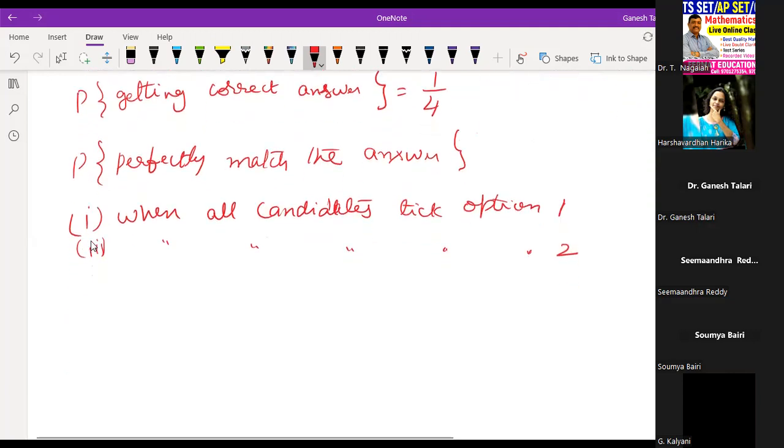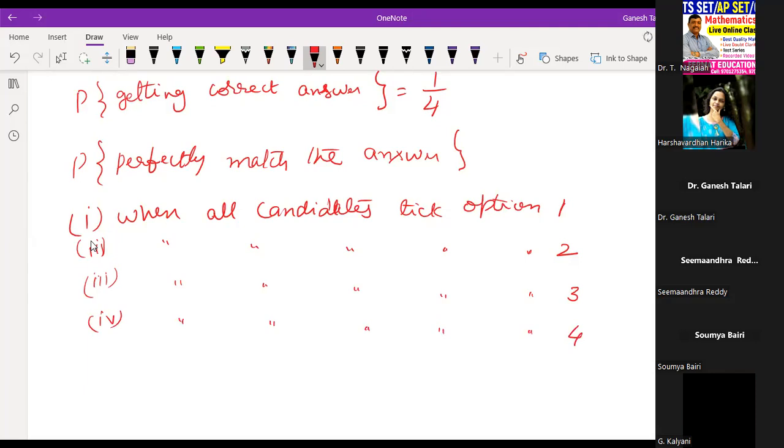Third case, when all the candidates tick option 3. And then fourth one is when all the candidates tick option 4. Other than this, do you have any?